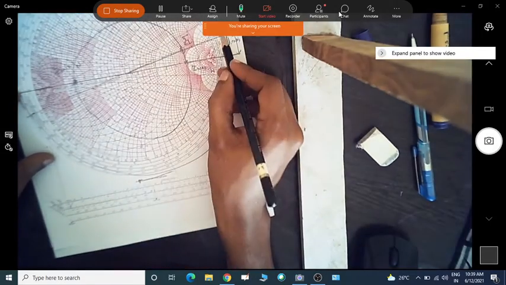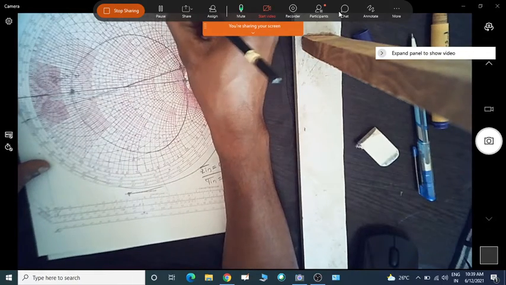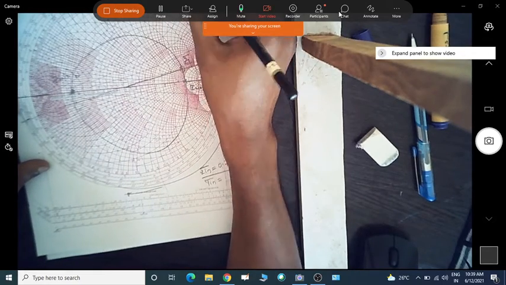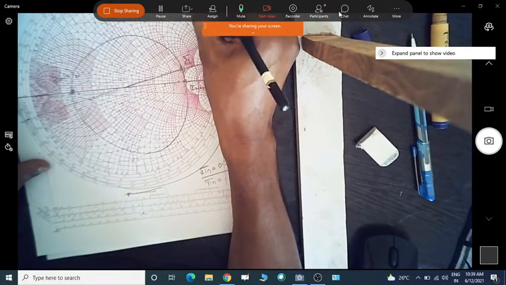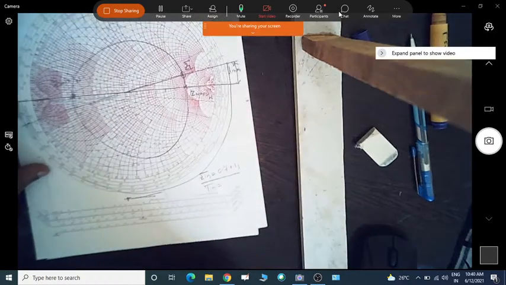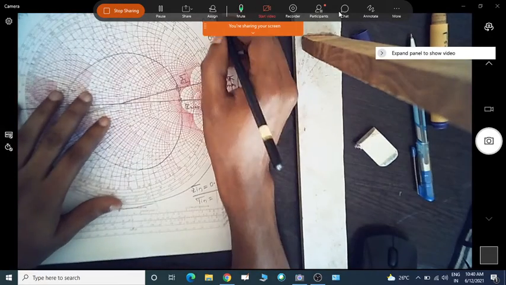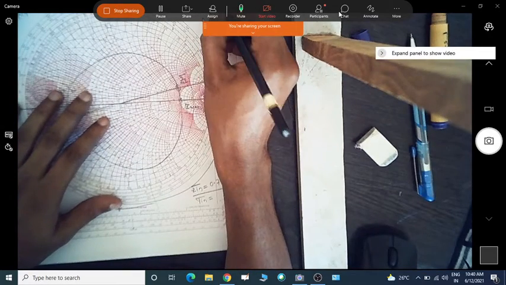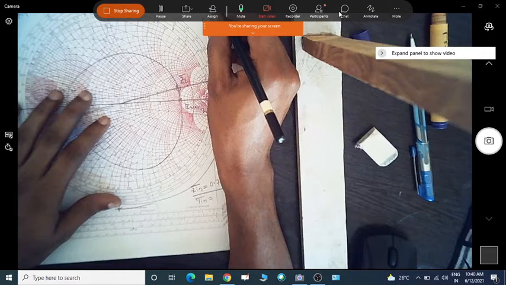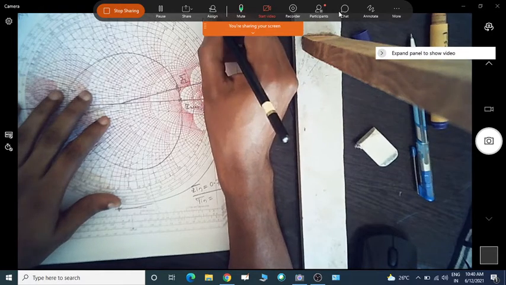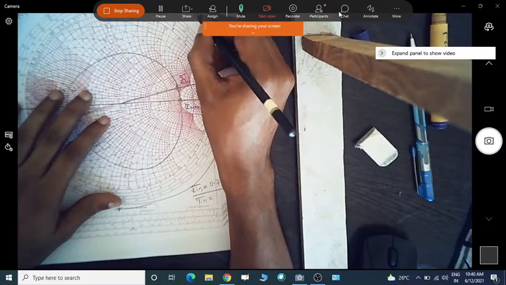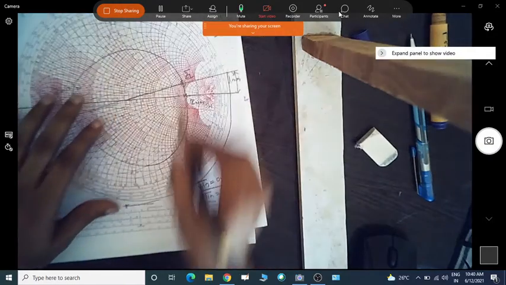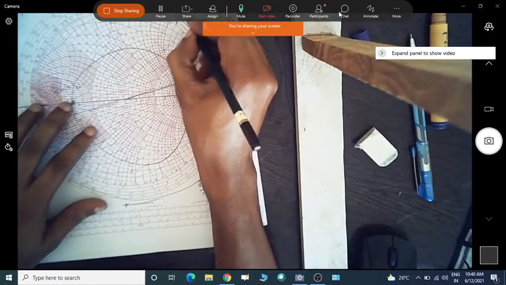So now L minimum is equal to 0.5 minus 0.235. That is what L minimum we are going to get. So 5 and 9 minus 3, 6, so 4 minus 2, 2. So 0.265 is your L minimum by lambda.